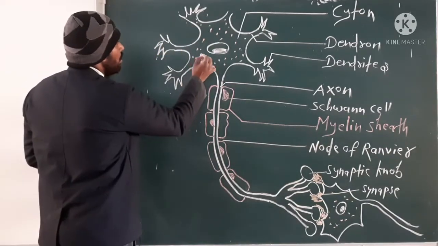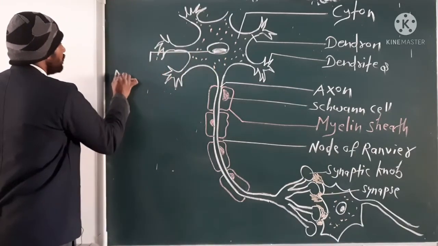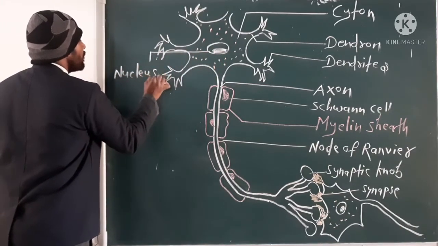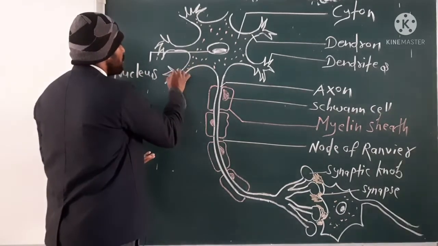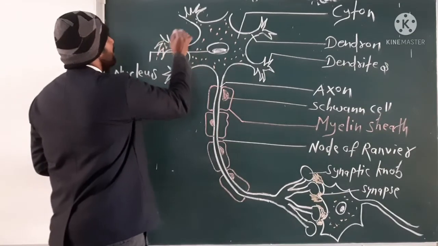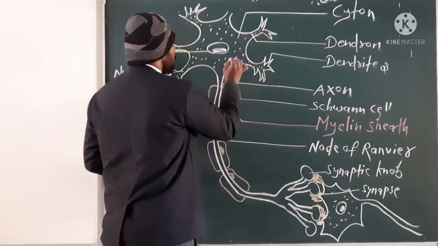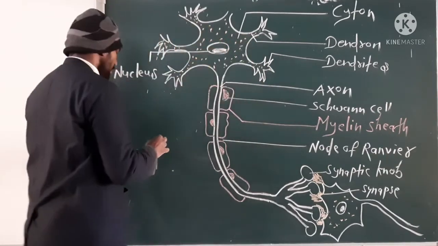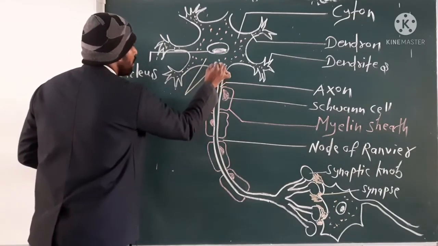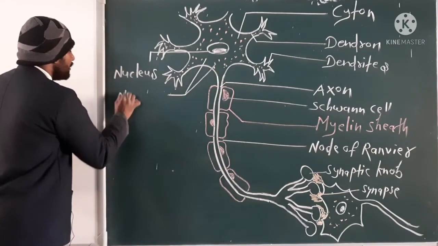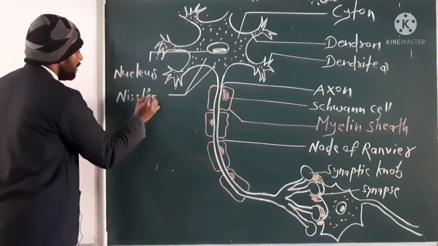Here we have to write, this is the nucleus, as well as these are the Nissl's granules, which are also filled inside. They are also seen here in the dendrite portion, beta. So here also we are going to draw them. So these are the Nissl's granules. The Nissl's granules are nothing else but rough endoplasmic reticulum, beta.